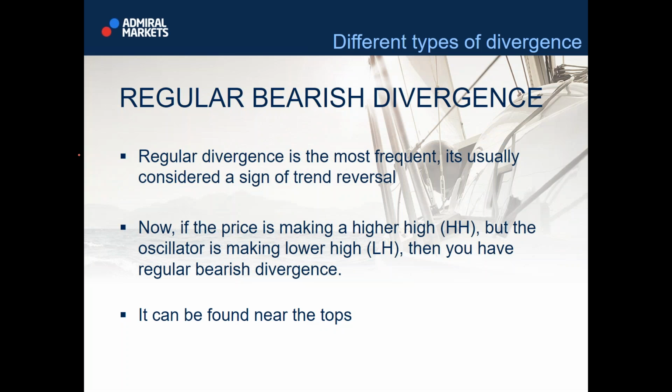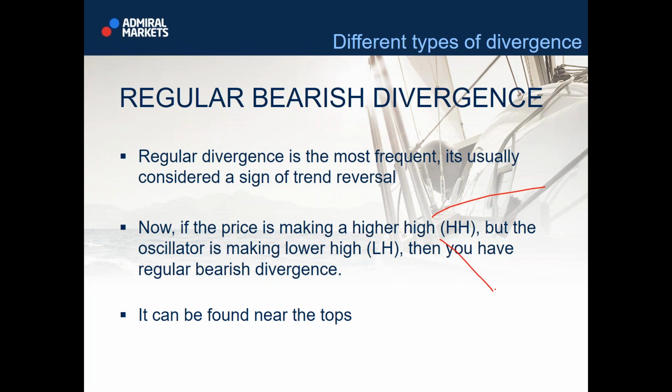Regular bearish divergence. Okay, this is also an important part of your trading lessons, because regular bearish divergence will happen in an uptrend. Regular divergence, as we said, is a reversal type. If the price is making a higher high or has made a higher high, but the oscillator is making a lower high, then you have a regular bearish divergence.